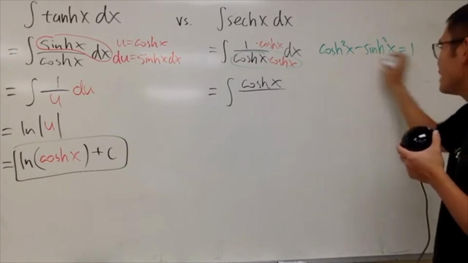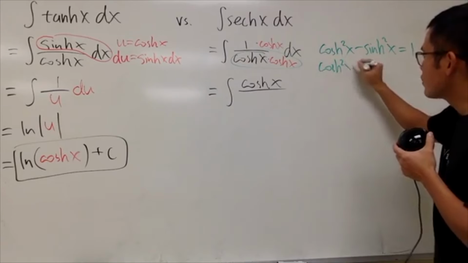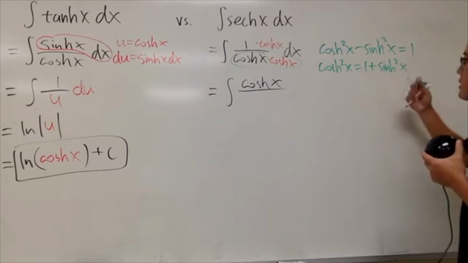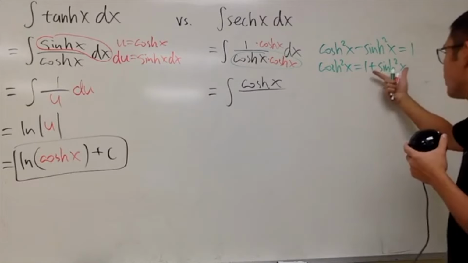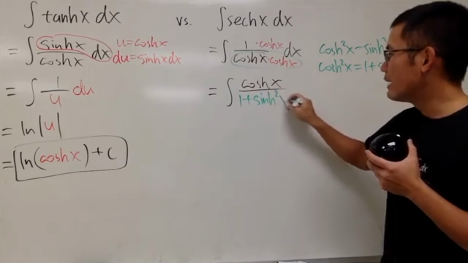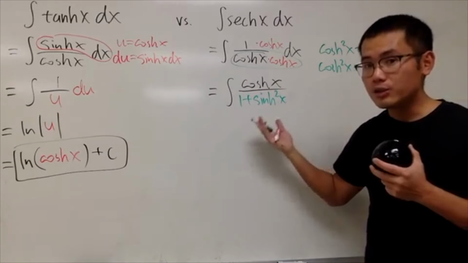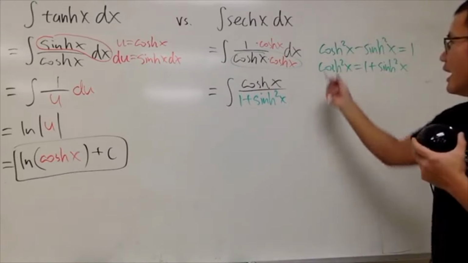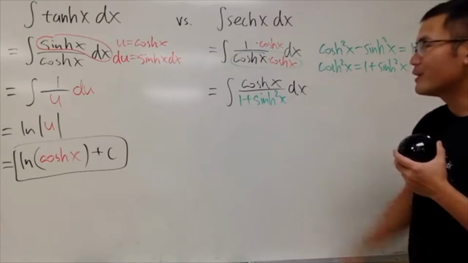And of course, we can just add this on both sides. So we can say cosh square x is equal to 1 plus sinh square x. Much better. I will put this down right here, and you see we still have the sinh and cosh that will help each other out. Very nice. And I will just put down the dx right here.